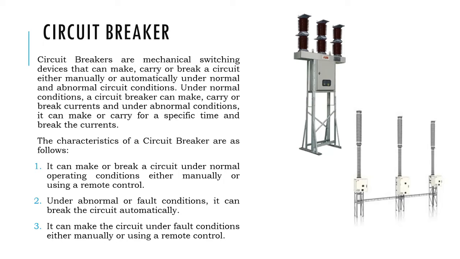If I am using air, it is an air circuit breaker. If I am using oil as a medium, it is an oil circuit breaker. If I am using SF6, an SF6 circuit breaker. And if I am using vacuum, it results in a vacuum circuit breaker. So we have four breakers.